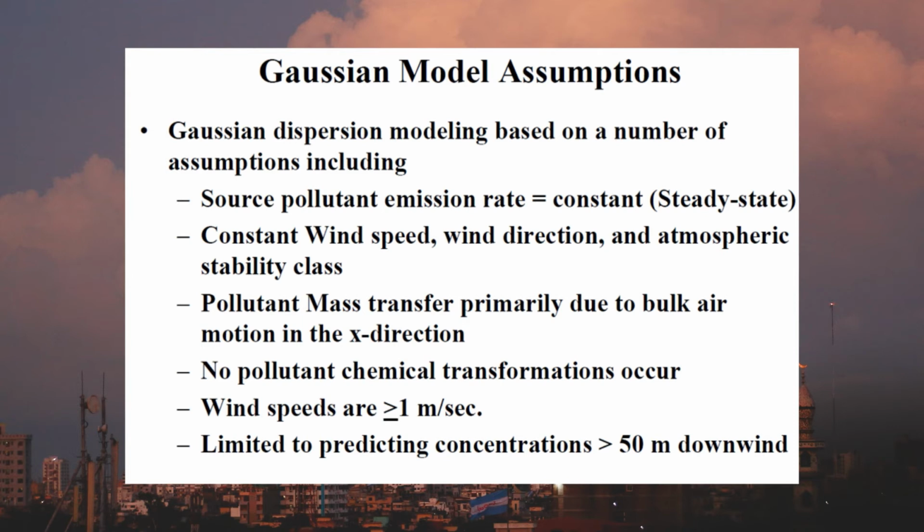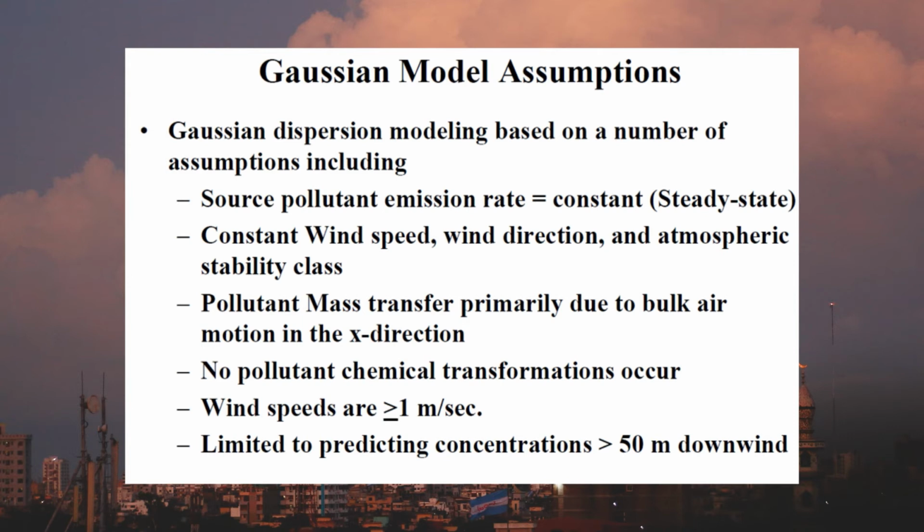And pollutant mass transfer is primarily due to the bulk air motion in the x direction, and it doesn't take into account if there is any obstruction or a terrain disturbance.